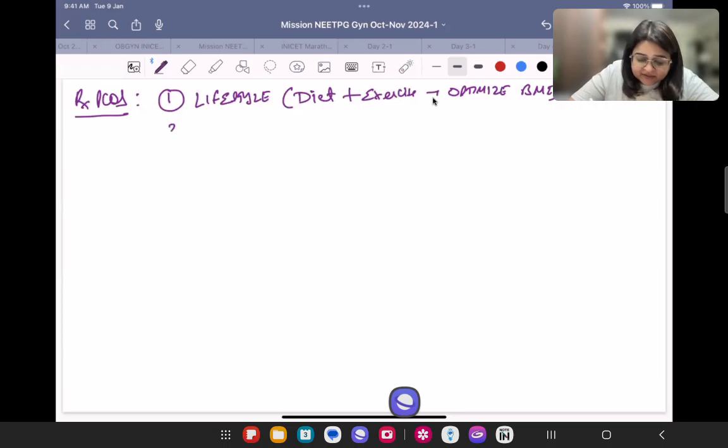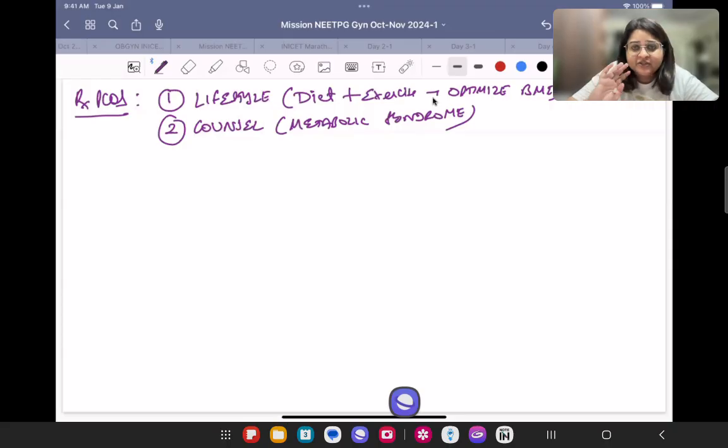Okay? Second is you're going to counsel her about the long-term effects of PCOS, that is metabolic syndrome. Girls with PCOS are at a higher risk of developing metabolic syndrome. Okay, that is hypertension, diabetes, obesity, hypercholesterolemia later on in life. Okay. So this is common to all age groups and all complaints.